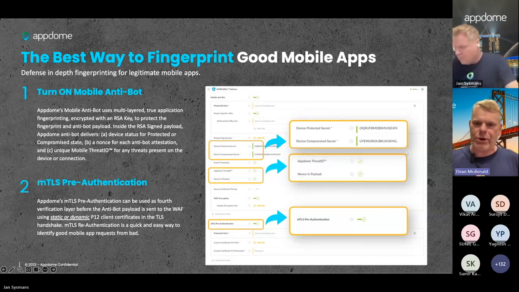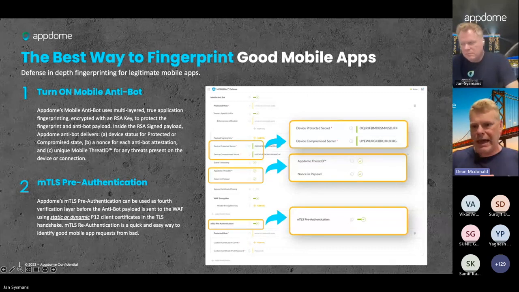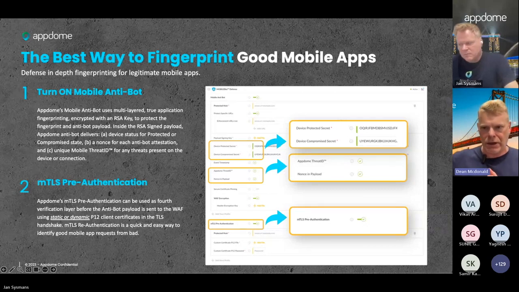So MTLS pre-auth, I'll jump to that one really quickly. MTLS stands for mutual TLS, which is actually a pre-authentication step. It is optional, but if you think about connections coming into your WAF today, there's not really an authentication step for that. And I don't mean API authentication, so things like username and password.